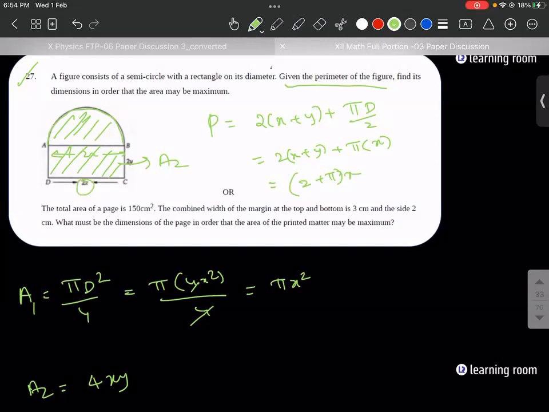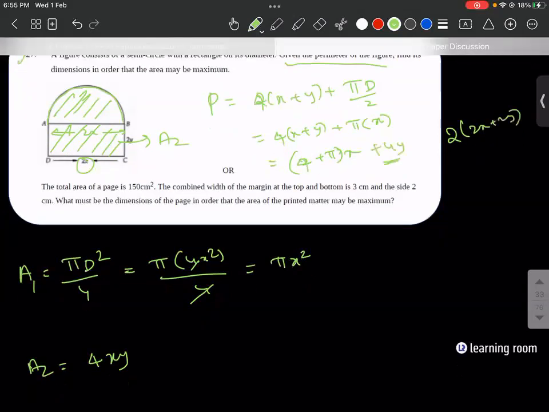So perimeter of a rectangle, you are writing it as... This should be 4 into this thing. Now is it fine? Because 2 into 2x plus 2y, so 4 will come out. Okay, now it will be 4 plus pi into x plus 4y. So this is going to be the perimeter.